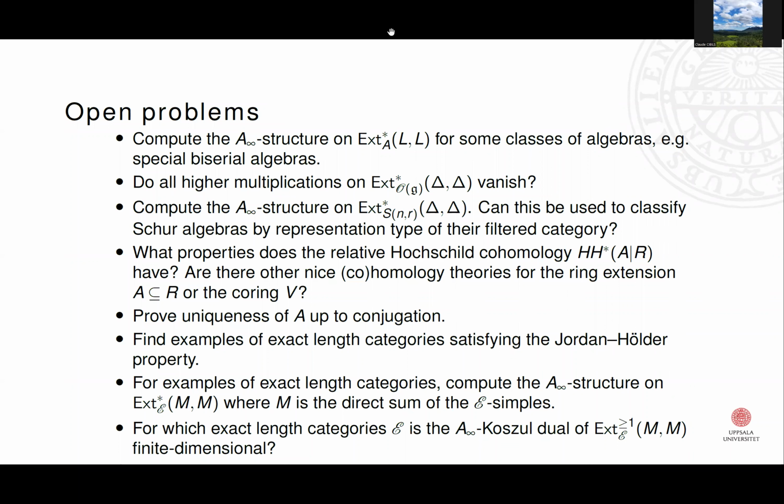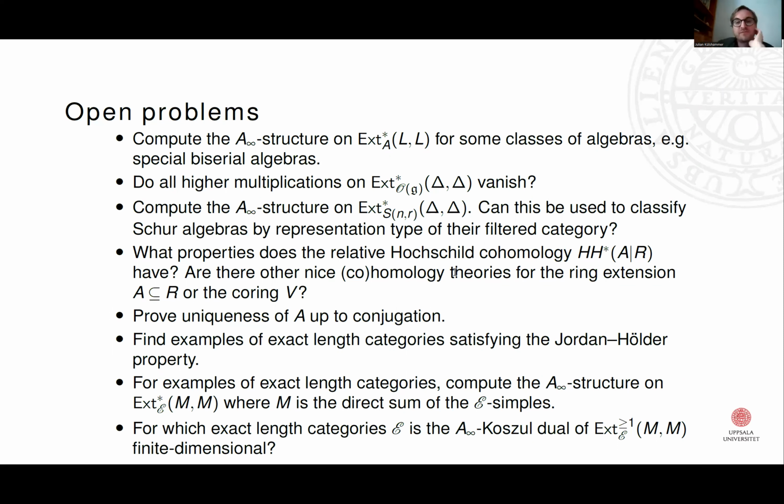Excuse me, what do you have in mind by other nice cohomology theories? Yeah, I'm not an expert on cohomology theories, but I think for co-rings, for example, there are different cohomology theories. There's some analog of Hochschild cohomology for co-rings. There's something called Cartier homology and cohomology.